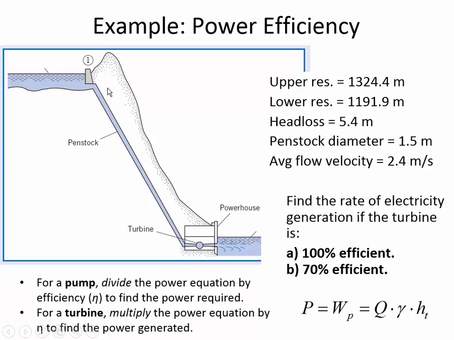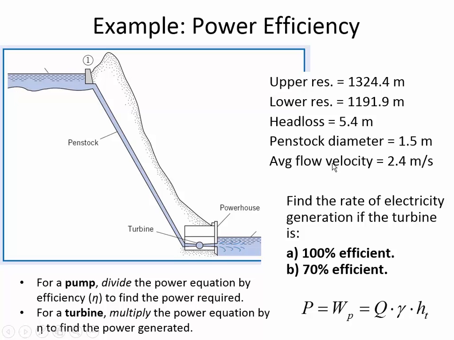We have the diameter of what's called the penstock, and the penstock is just a specialized name for the pipe that takes water to the turbine from a reservoir. And we also have the flow velocity, 2.4 meters per second. And so you're going to need those dimensions, the diameter and the velocity, in order to calculate the flow rate.